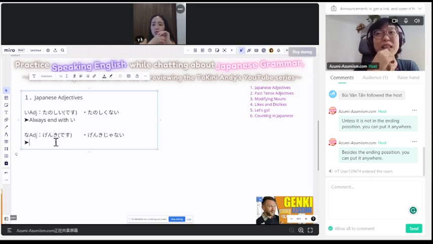But as I make examples with noun, this is only a matter of modifying a noun. So if it's not talking about modifying a noun, then... Modify.